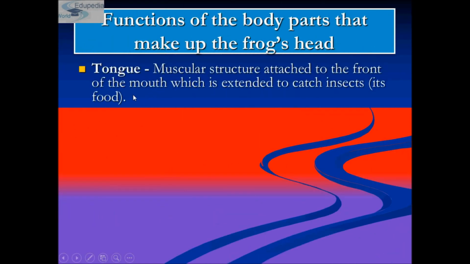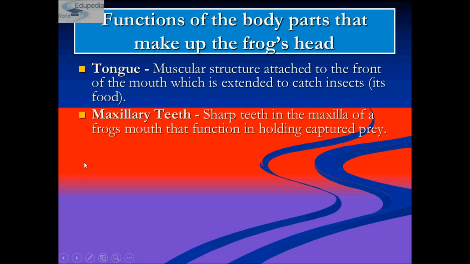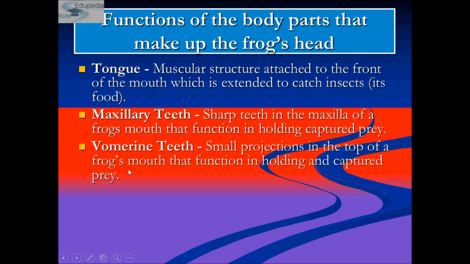Now, the next body part that makes up the frog head is the tongue. The tongue is a muscular structure attached to the front of the mouth, which is extended to catch insects. Insects are the food of the frog. Then come the maxillary teeth, the sharp teeth in the maxilla of the frog mouth that function in holding captured prey.